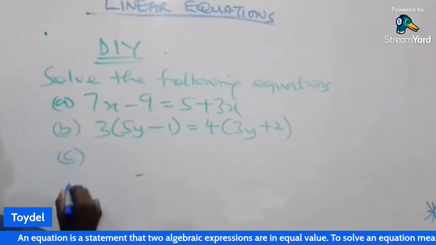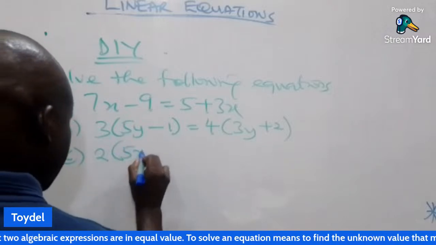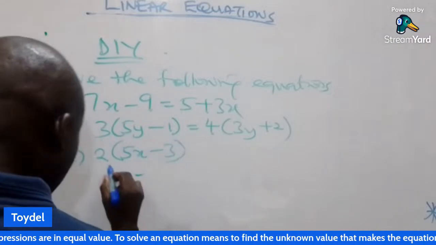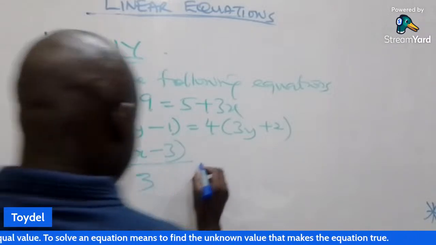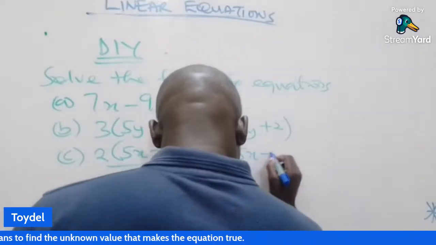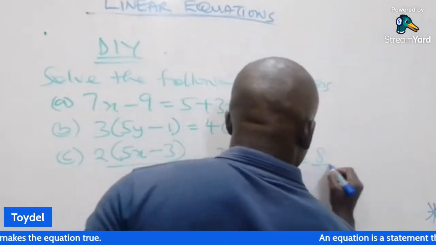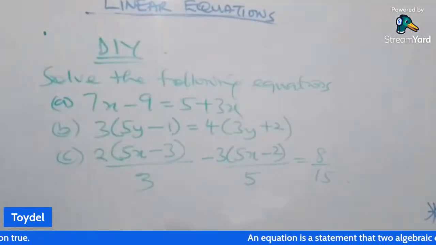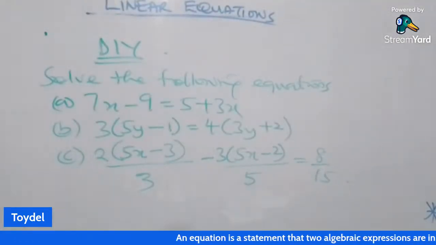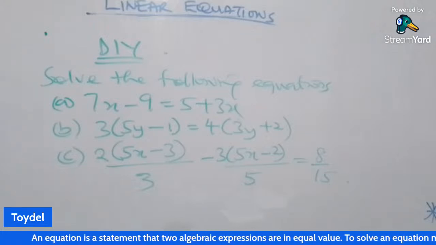The last one is where we have 2 into bracket 5x minus 3 all over 3, minus 3 into bracket 5x minus 2 all over 5, is equal to 8 all over 15. So these are the three questions. Just try the three questions as we have them on the board. Let's see if you'll be able to solve them.